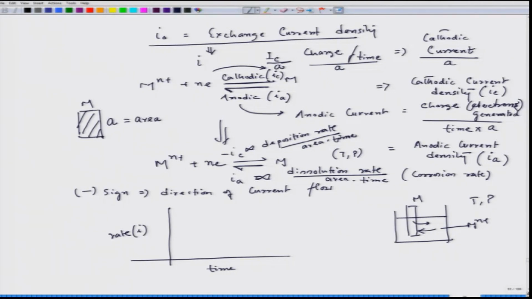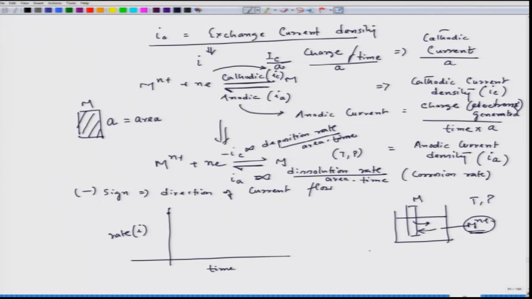Since the metal ion concentration is very high in the beginning, there is a lot of supply of M^n+, so the rate of deposition would be very high, and then gradually this would deplete.